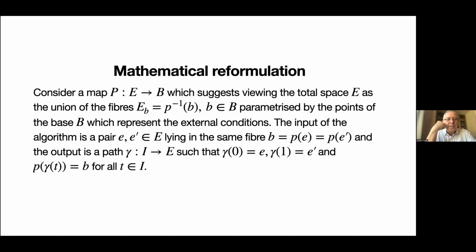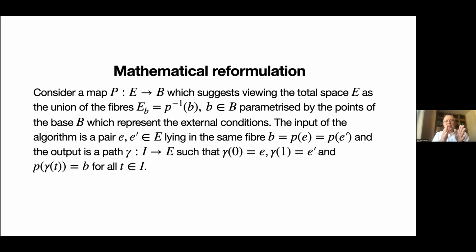Now we want to formalize this mathematically, and we can do it as follows. We have a map p from space E to B, which we will assume to be a fibration. This space B is the space which parameterizes external conditions. So a point of B will be viewed as an external condition, and the configuration space of our system, given those external conditions, is the preimage of this point b. So the fiber above this point b is the configuration space of the system under the external conditions b.